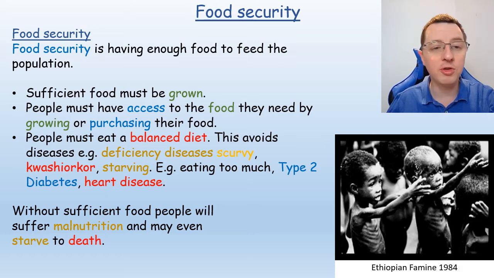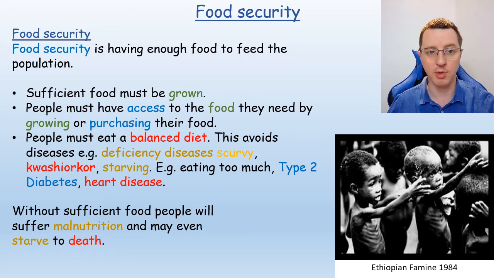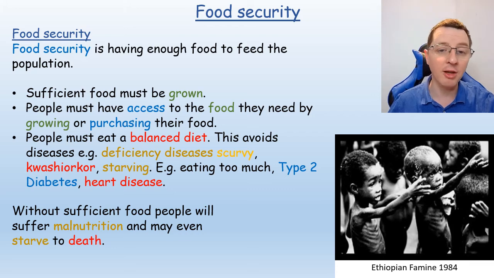Well, food security is having enough food to feed the population. And in order to have enough food to feed the population, sufficient food must be grown. People must have access to the food they need, either by growing or purchasing their food. People must eat a balanced diet, and this will avoid any deficiency diseases such as scurvy, kwashiorkor, or even starving.